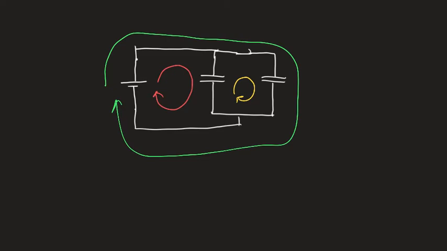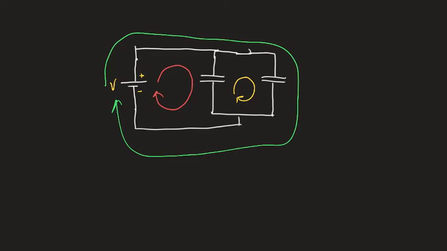Now consider Kirchhoff's rules for a minute. The sum of the potential drops across any closed loop has to be 0. Well, minus and plus, if I go in the direction of the red arrow, my applied voltage is going to have an increase in voltage as I go from the negative plate to the positive plate.